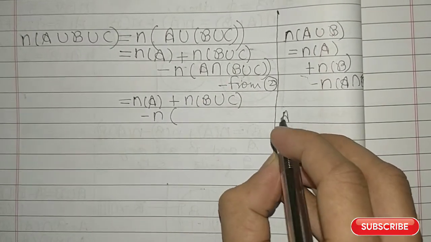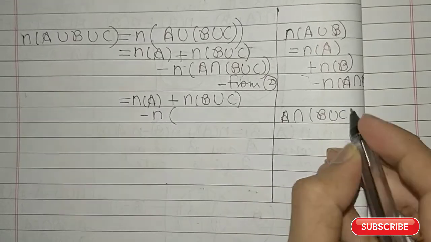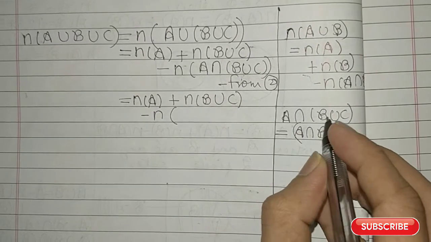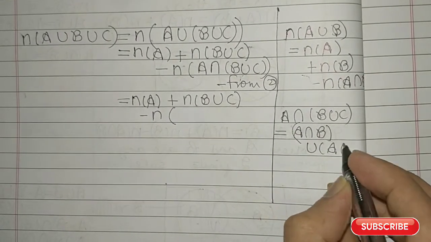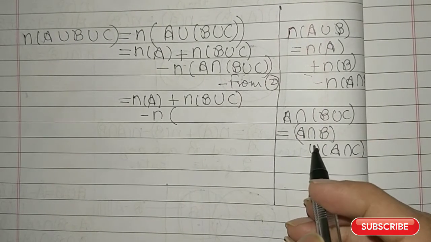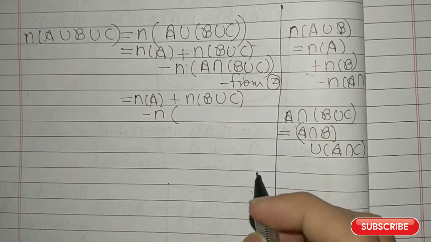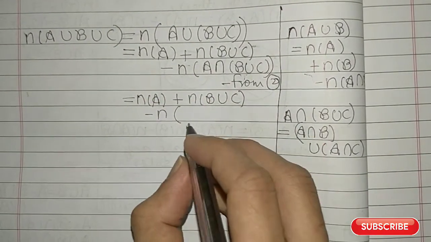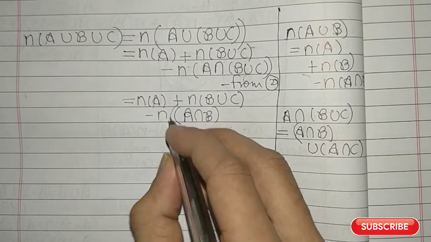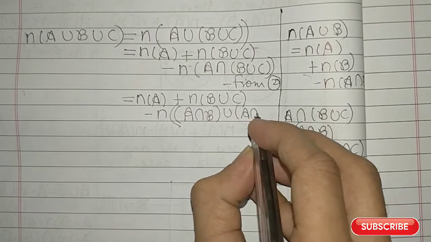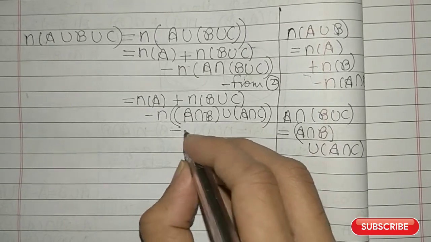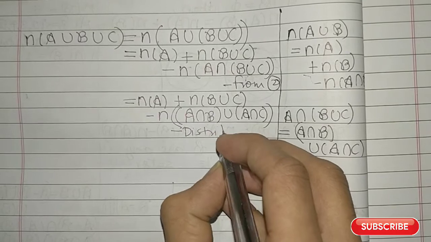The distributive law is A intersection (B union C) is equal to (A intersection B) union (A intersection C), right. Okay, A intersection B union A intersection C, right. So see this, I am getting A intersection B union A intersection C, right. So this is by the distributive law.